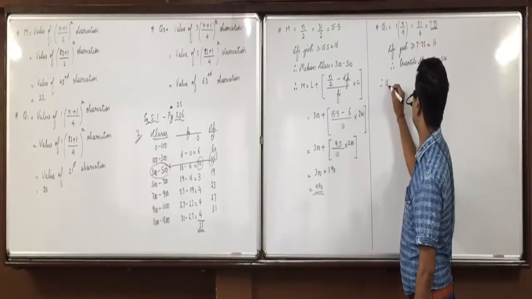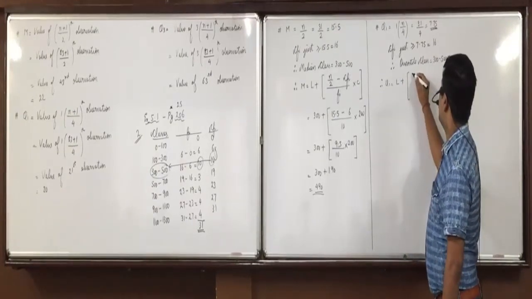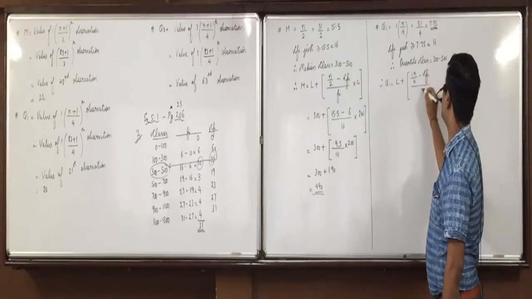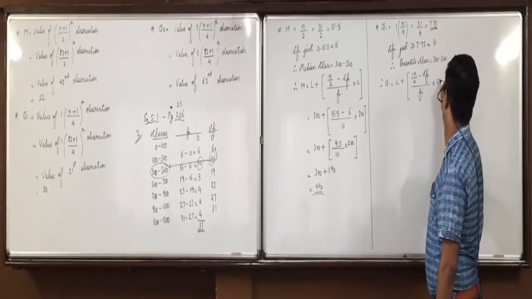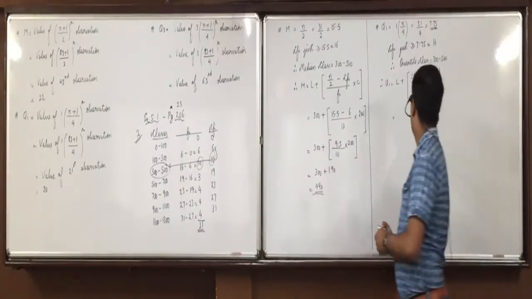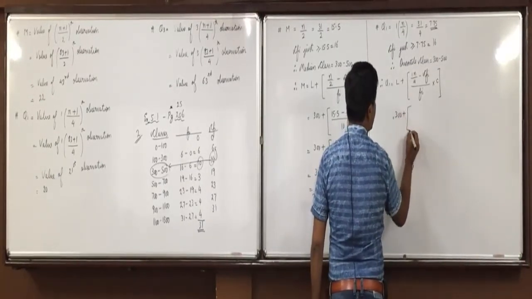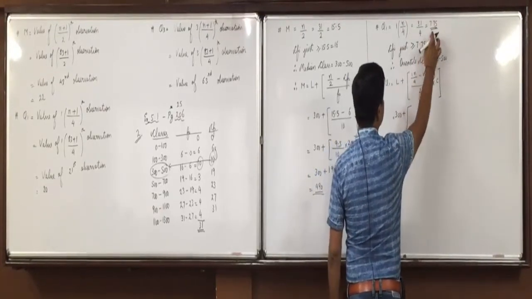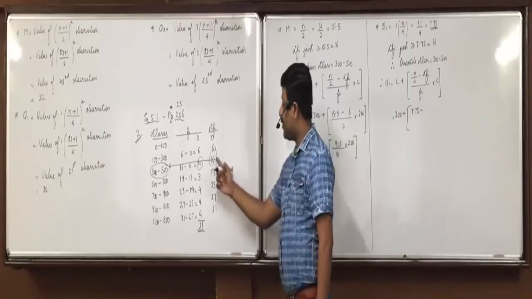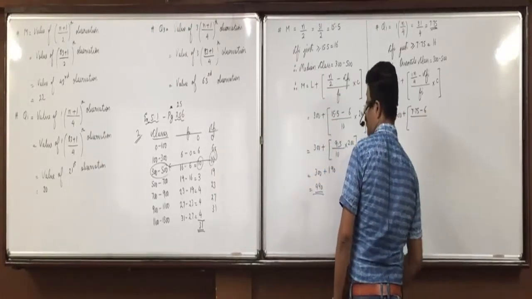Now Q1 is equal to L plus 1n by 4 minus CFI upon Fi into C. So instead of n by 2 it will become 1n by 4. Okay. Again lower boundary point is 300. 1n by 4 from the first step is 7.75 minus CFI of preceding class is 6.